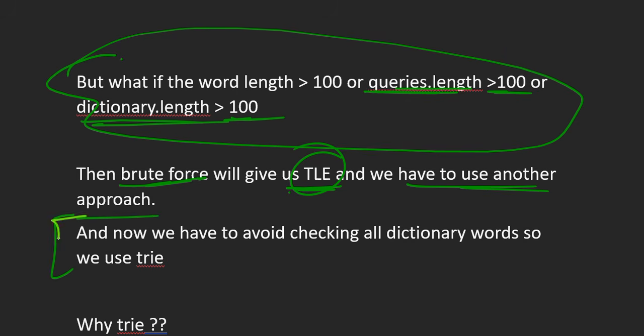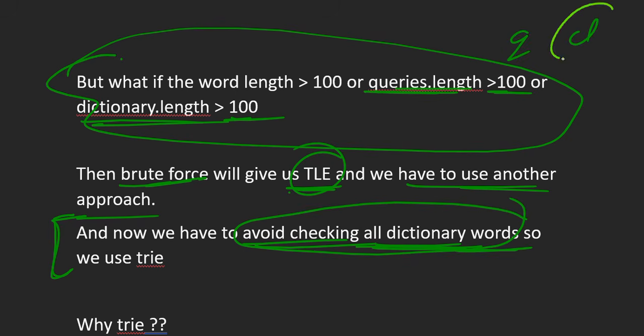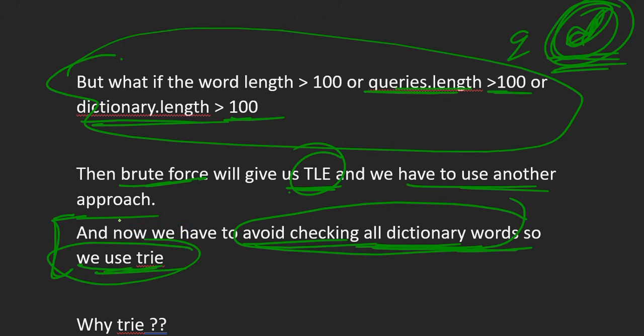In our optimized approach, we have to avoid checking all the dictionary words, because in brute force we take a query word and compare it with all the dictionary words. For this we'll be using a trie data structure.